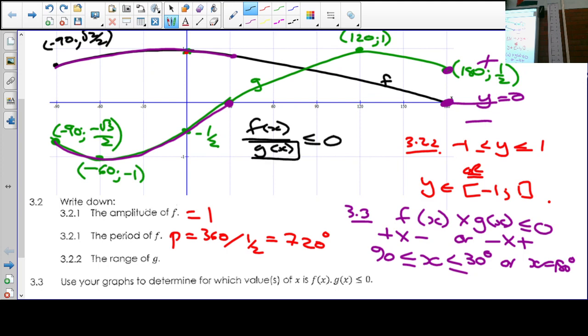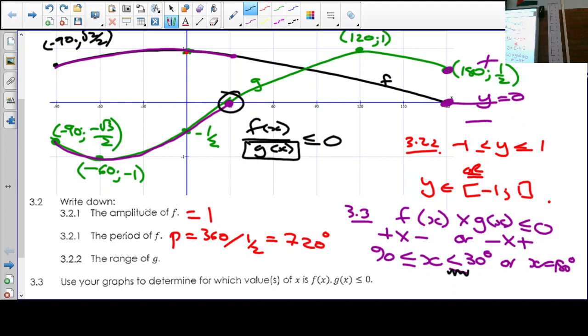The denominator can never be 0. So where's g 0? At 30. So I would have omitted that equal sign at 30. You guys understand? Same solution. X has to be greater or equal to negative 90 but less than 30. And x can be equal to 180.